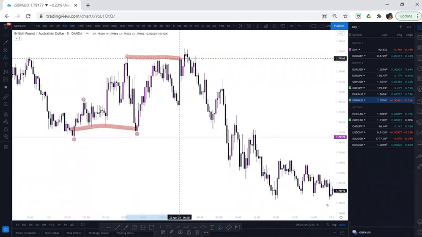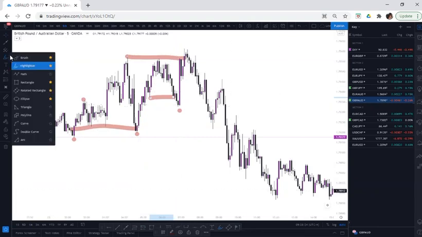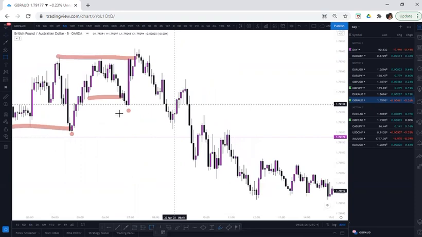And there was a further break here. And this was the candle that caused that break, right? And this also took our liquidity here and broke structure here. So I was looking at this zone. And to be honest, I was looking at continuing taking a buy from this level.